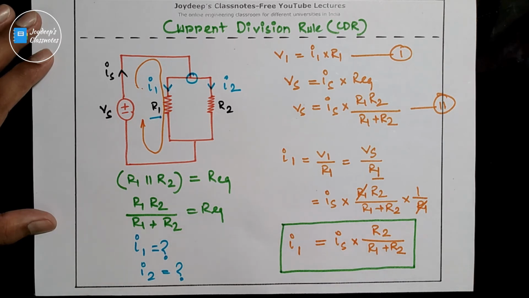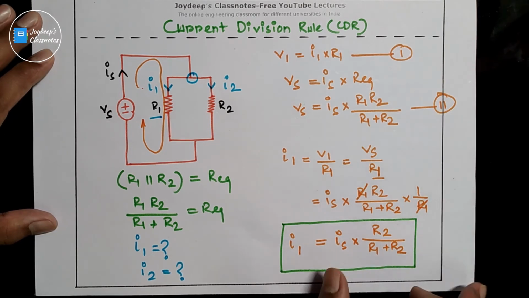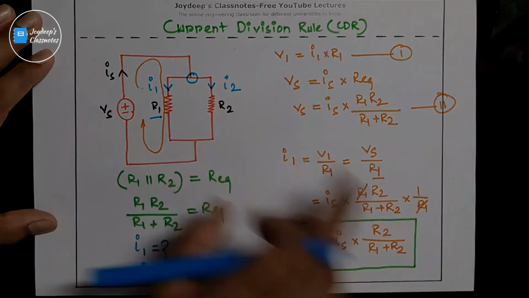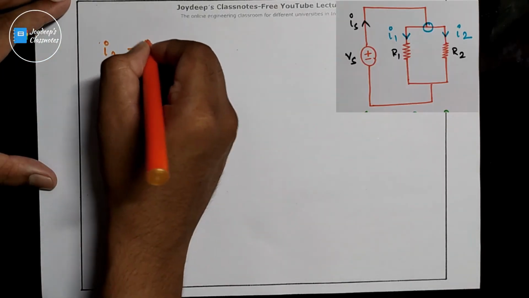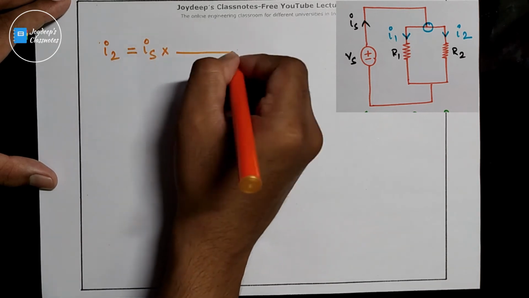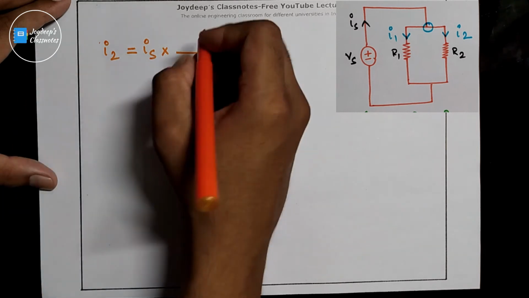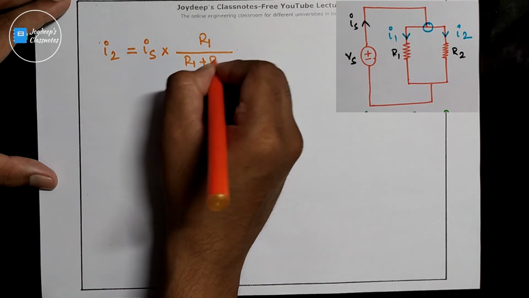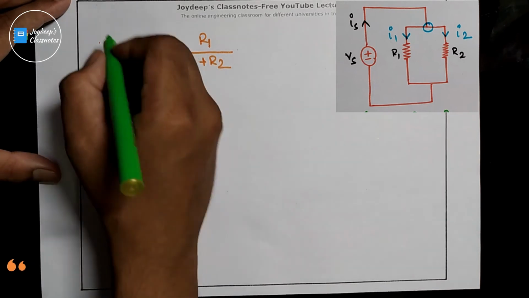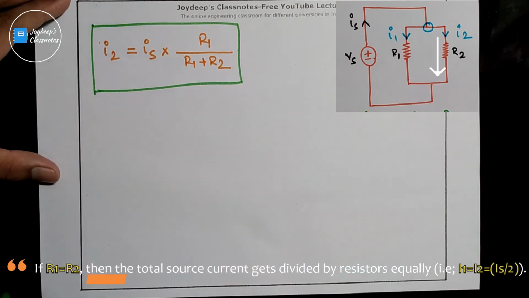And in the voltage division rule it was what? The source voltage multiplied by that resistance divided by the sum of the two resistances, right? Now similarly, what can we write for I2? Our I2 will be the source current, Is, into the other resistance. Since we are finding the current passing through R2, we write R1 divided by R1 plus R2. So this is the amount of current passing through the R2 resistance.